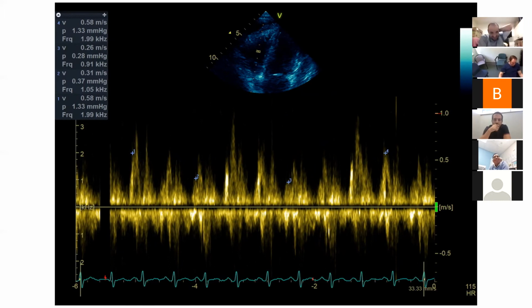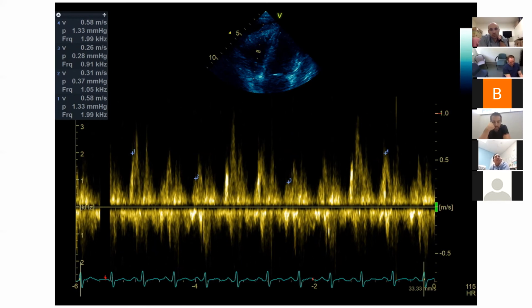Okay. But the variation is the suggestive part, isn't it? Yes. There is significant variation, whatever percentage you like. There's 0.58 and 0.26 I can see there, and a 0.31. So there's significant variation.